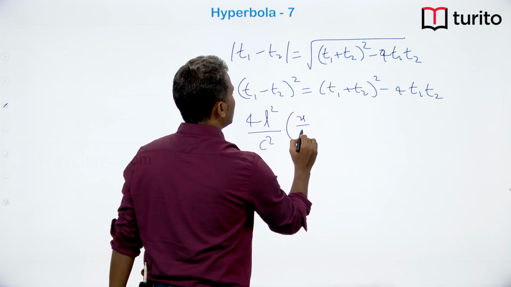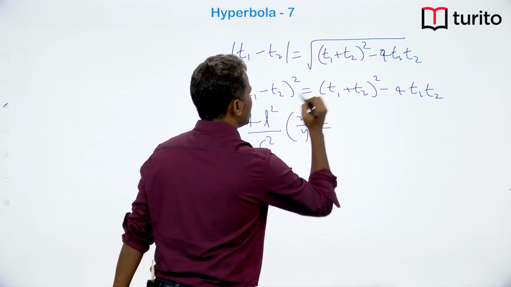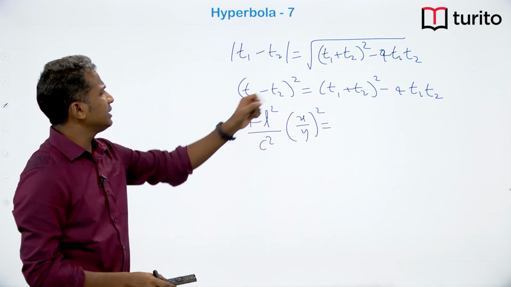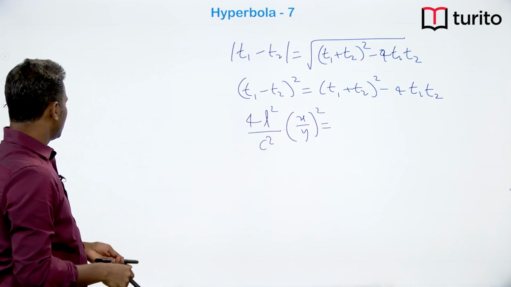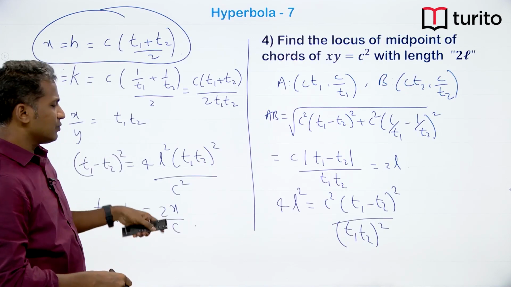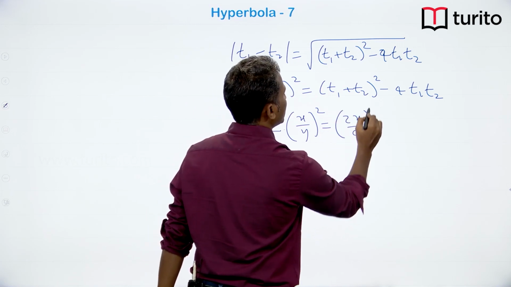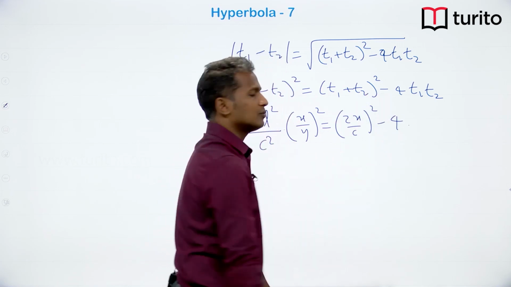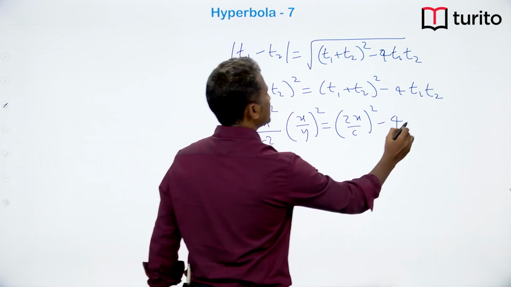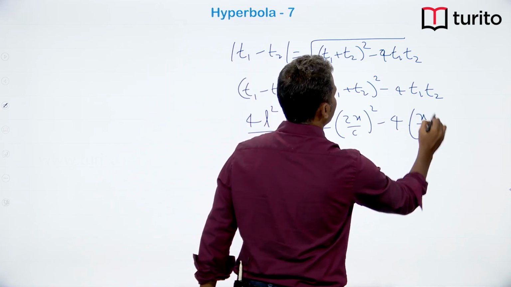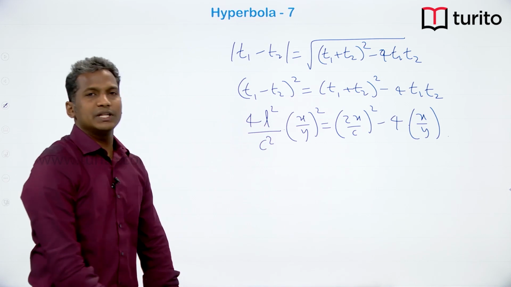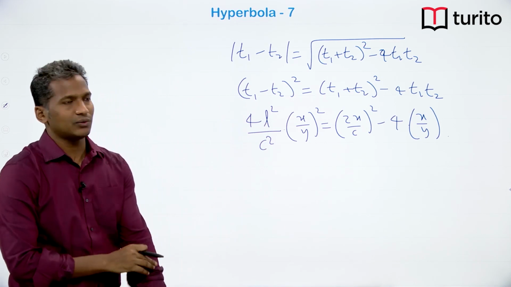So here we can write (x by y) whole square is equal to, what is (t1 plus t2) whole square? t1 plus t2 is 2x by c. So we can write (2x by c) whole square minus 4 into, what is t1 t2? It is x by y. Now just simplify this, that will give you the required locus.